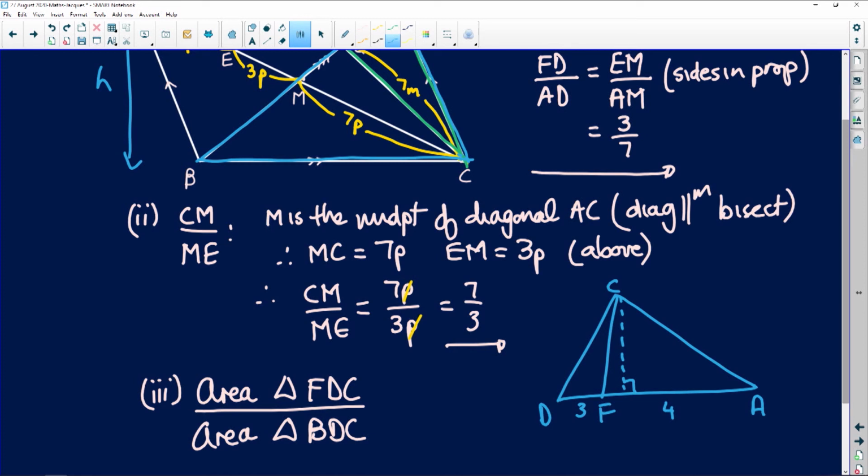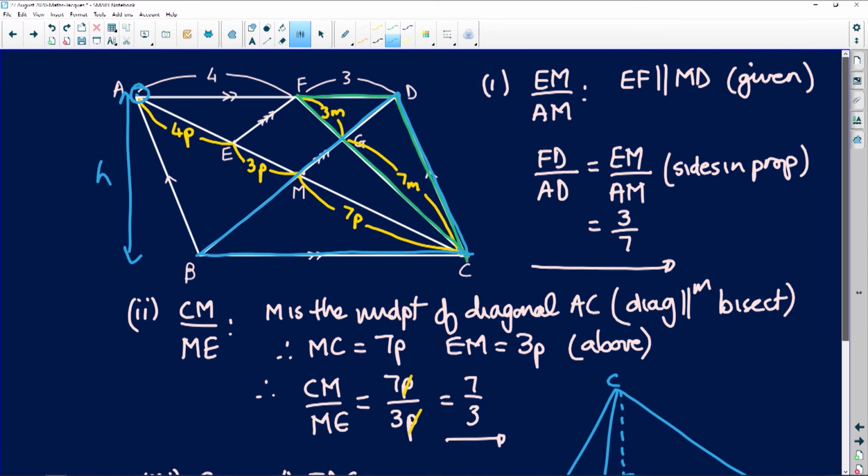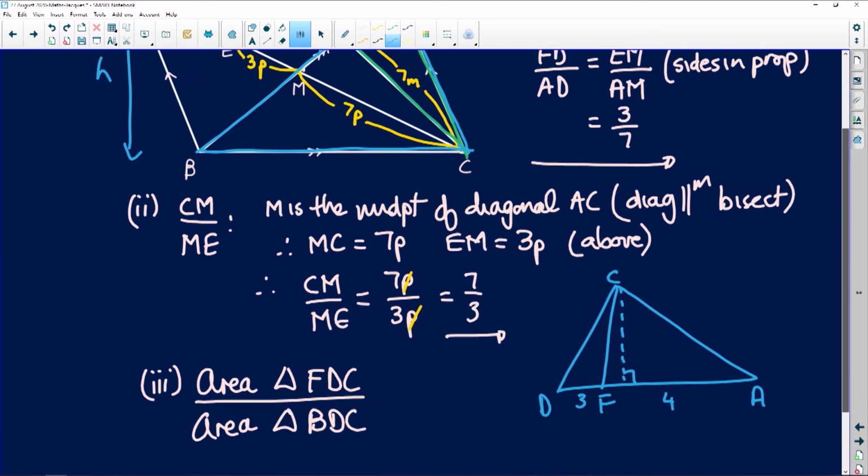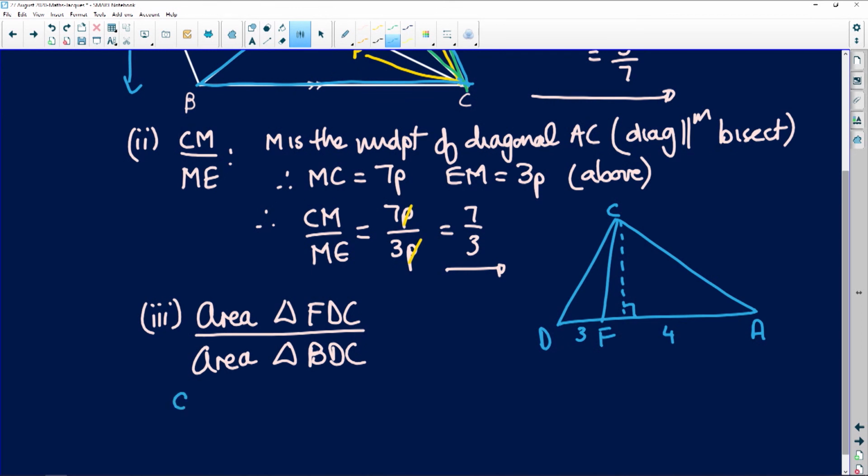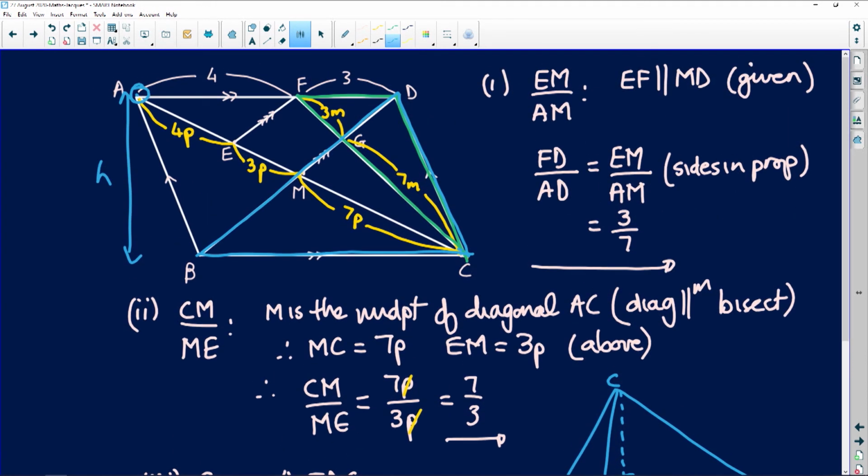Okay, so the triangle BDC, let me just see, where's my BDC? BDC, the area is equal to the area of triangle, now look at this, BDC is the same as ADC.